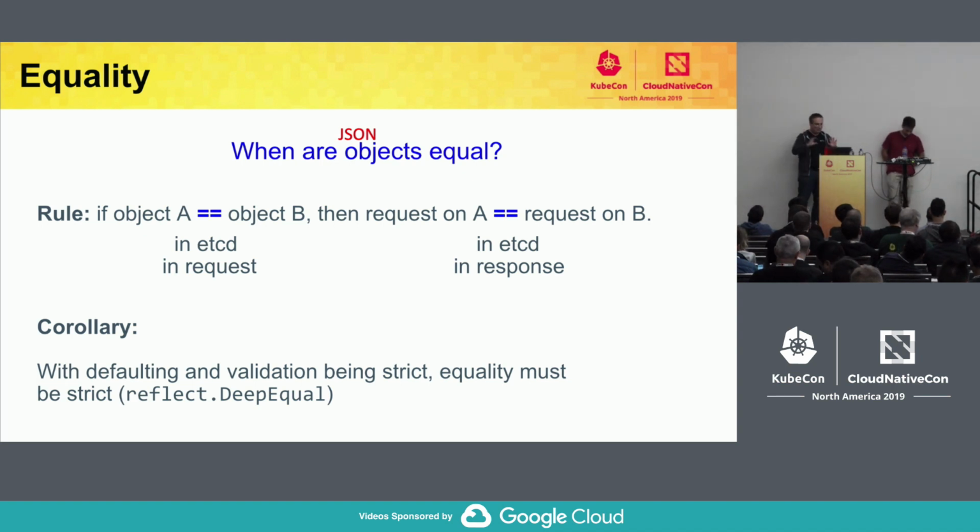It's a very rough idea, a rule of thumb. So if objects on the client side and in etcd are considered equal, and I do something with the objects, I better get the same response, and the same result also in etcd. So the consequence is probably that we want a strict equality. We don't want to unify null, empty, and undefined.